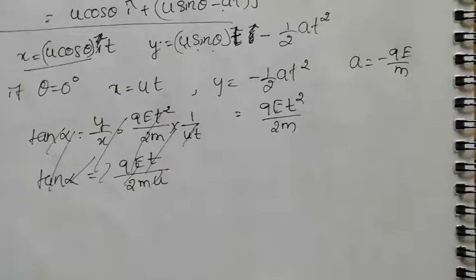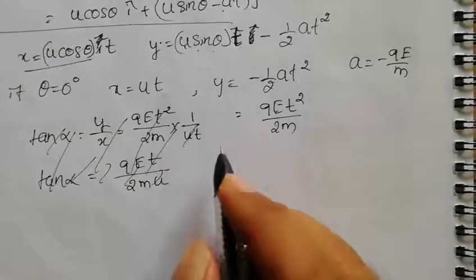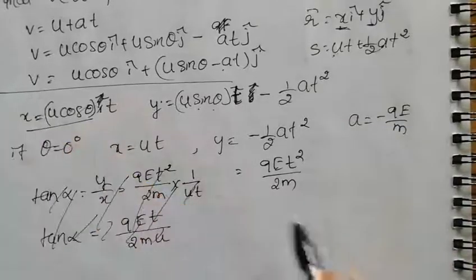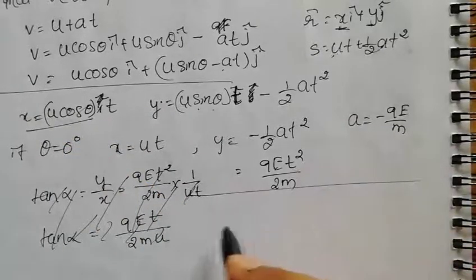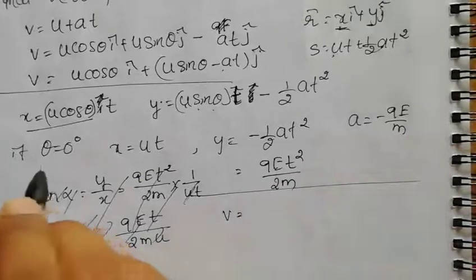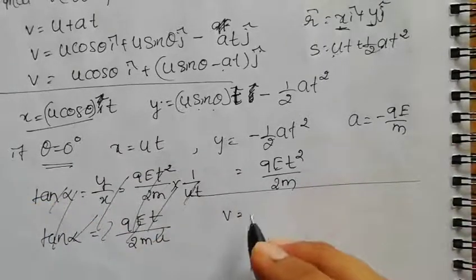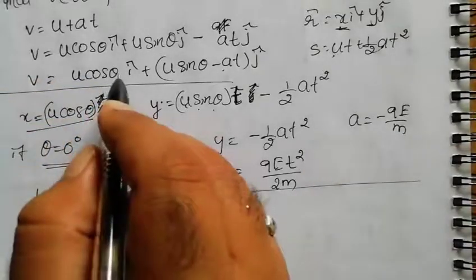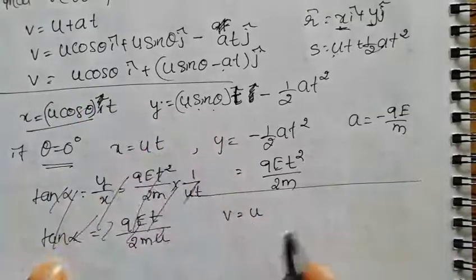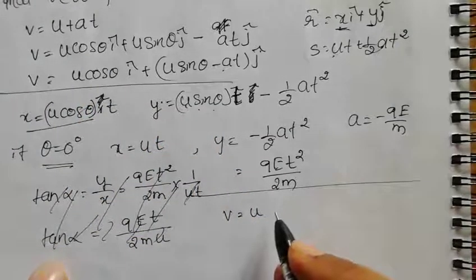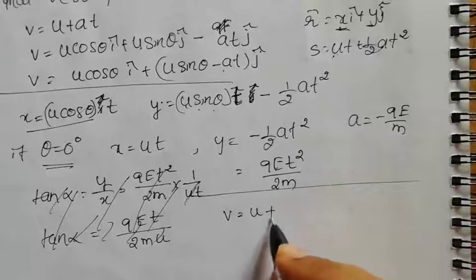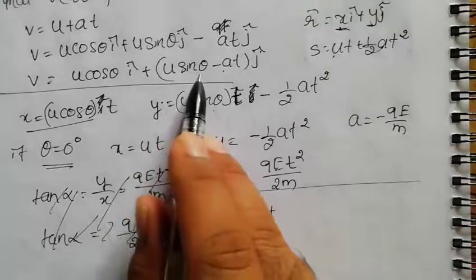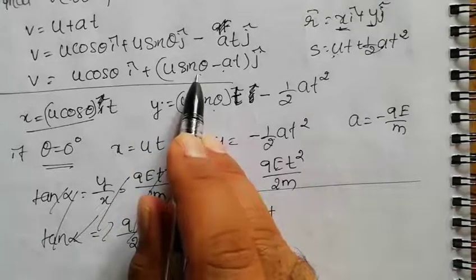Now what will we get for velocity, children? As we know the formula for velocity, using this we get velocity. So v equals, for theta equal to 0, v equals u, plus the next term u sin theta, which is now sin 0 degree, so it will become 0.